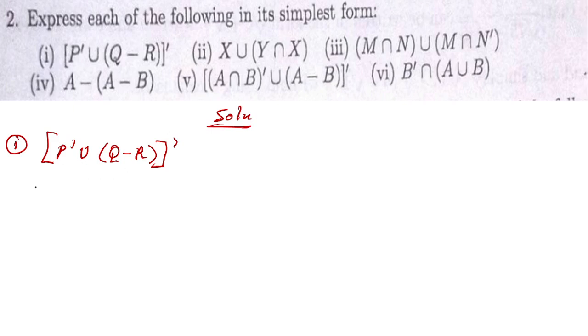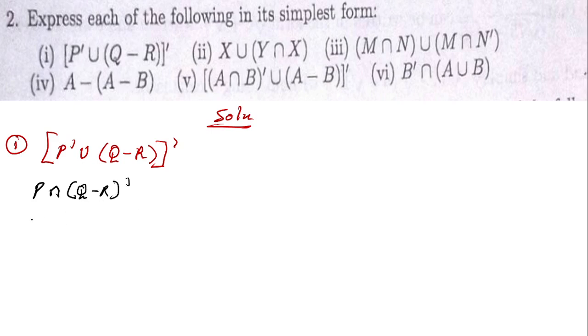So P complement is simply P, and then union times complement is simply intersection. Then you open bracket, you know these brackets are shielding that, so complement times that, you are simply going to have Q minus R, and then complement outside.